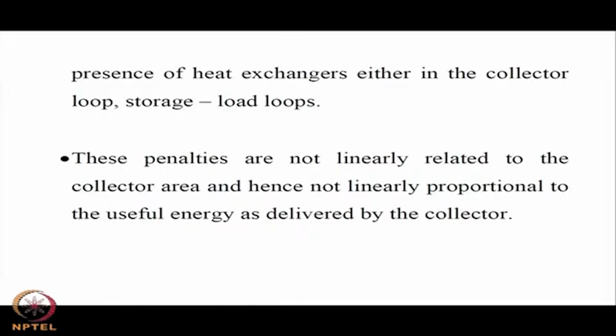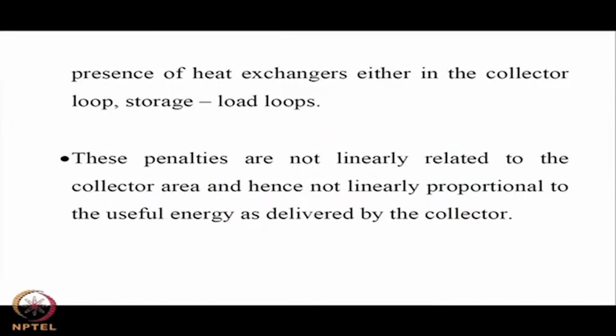So, if the energy delivered by the collector is QU over a short period of time, if the solar radiation is doubled, my useful energy is not doubled. Similarly, if you have got a particular type of control there will be certain losses, or a heat exchanger, there will be certain losses, but again those losses are not proportional to the useful energy gain.